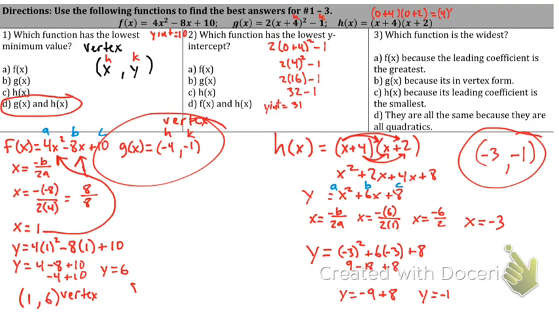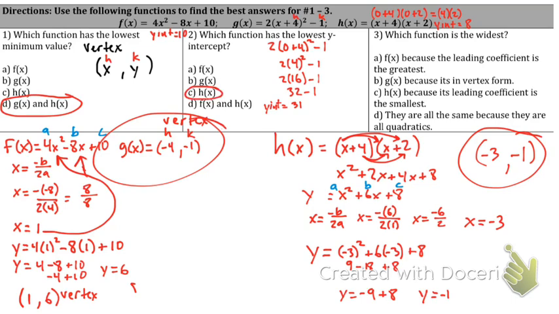So my y-intercept for this one is 8. Who has the lowest y-intercept? So we have f of x has 10. g of x has 31. And h of x has 8. So my answer is C.